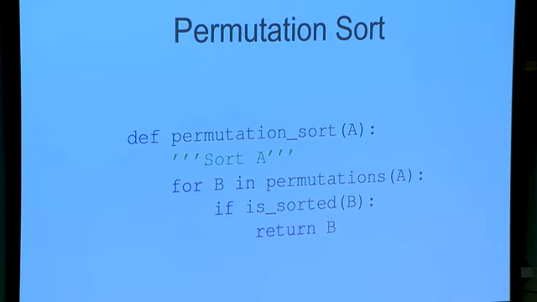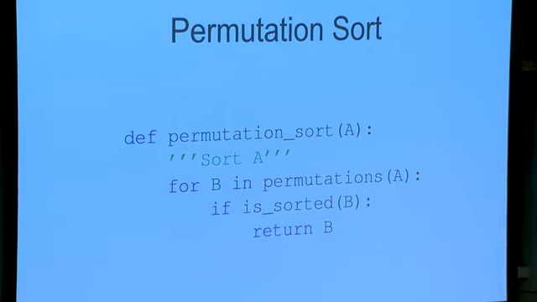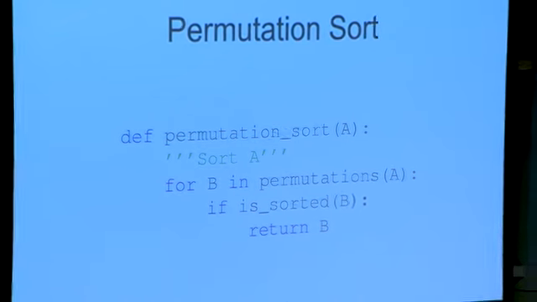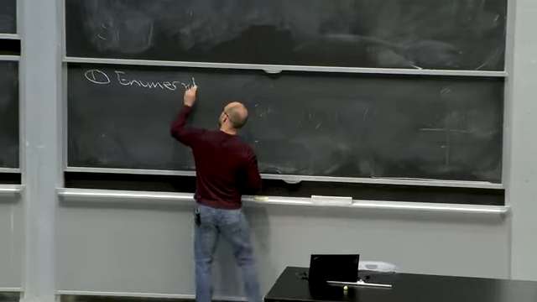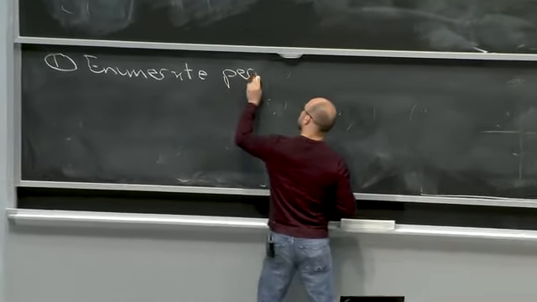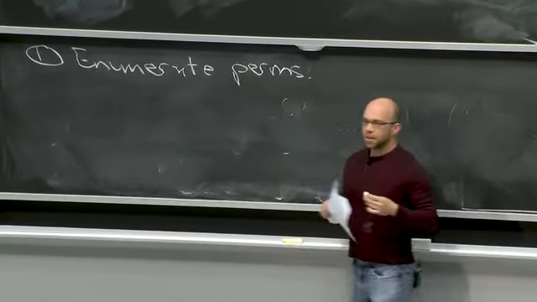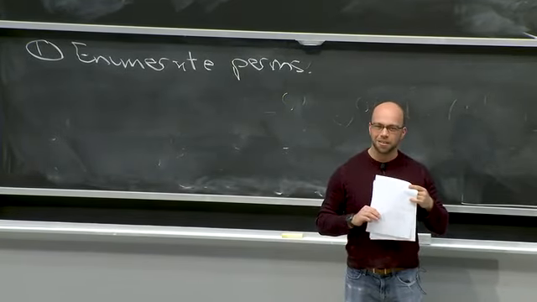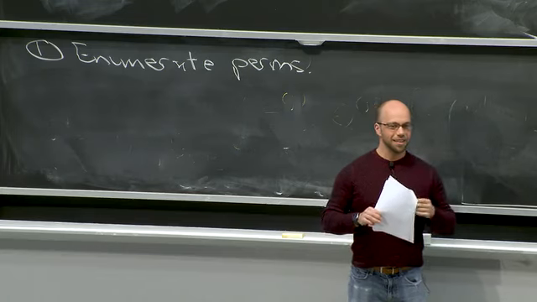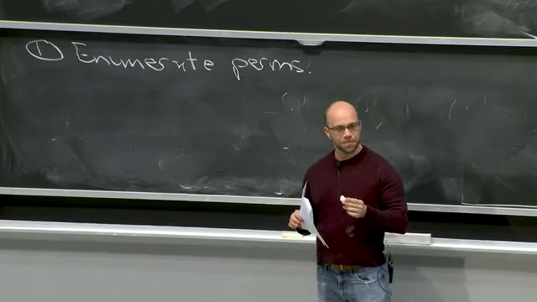So there are two key pieces to this particular technique if we want to analyze it. I don't see a reason to belabor it too much. One is that we have to enumerate the permutations. Now, if I have a list of n numbers, how many different permutations of n numbers are there? N factorial, right?